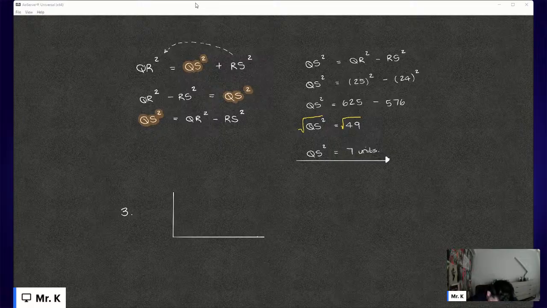Remember, Pythagoras only works with right-angled triangles. I know I sound repetitive, but that's the point.